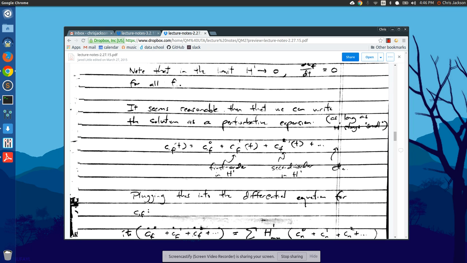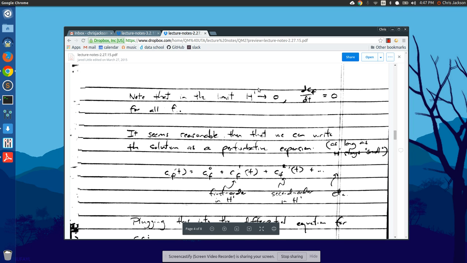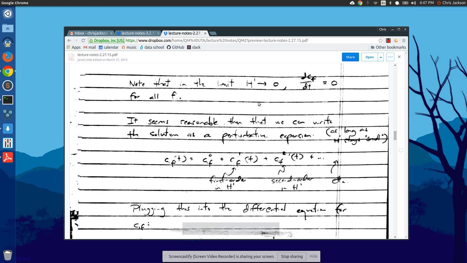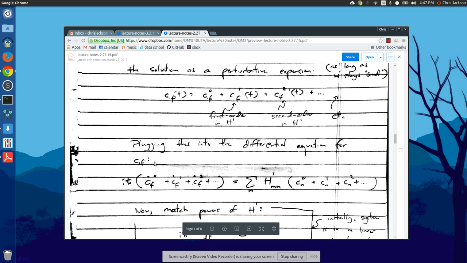So we again use perturbation theory. We're assuming that H1 is small. If that's the case, then at zeroth order the time derivative is zero, but the higher order terms should get smaller and smaller, so you can do a perturbative expansion.